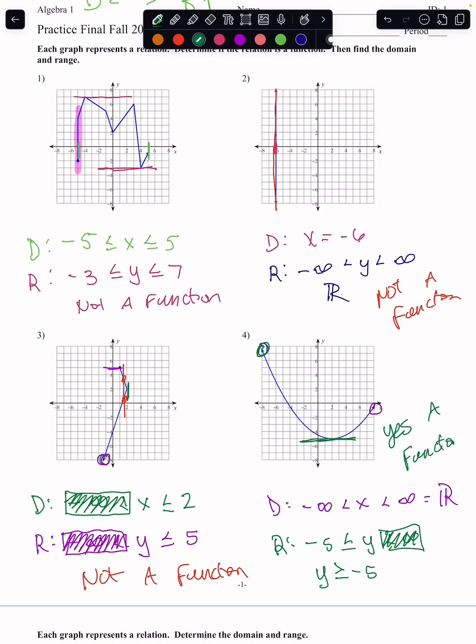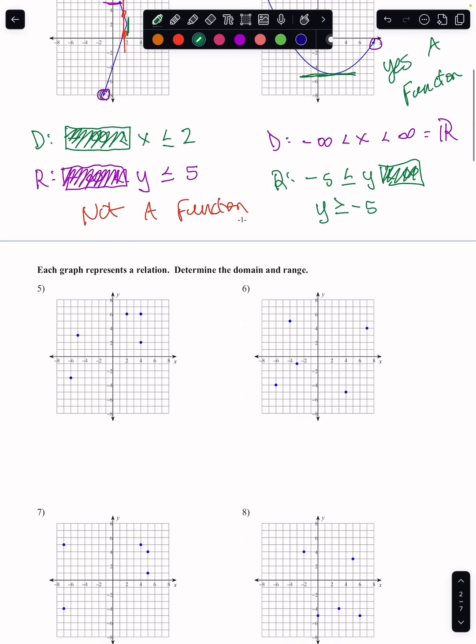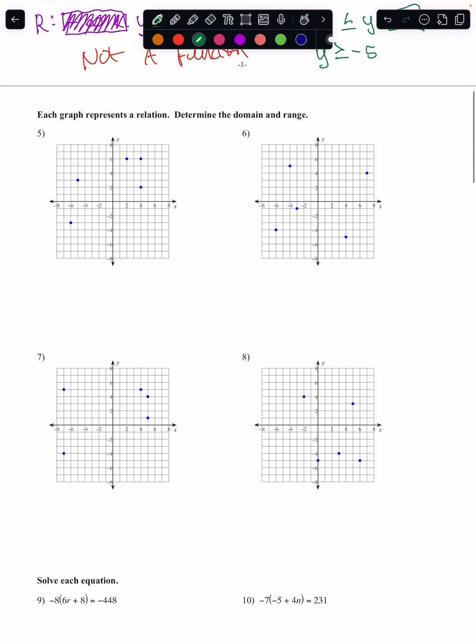So for here, I'm only going to do one of these. So let's say number 8. I'm going to call these points A, B, C, D, E. So A is at -2, 4. Point B is at 5, 3. Point C is at 0, -4.